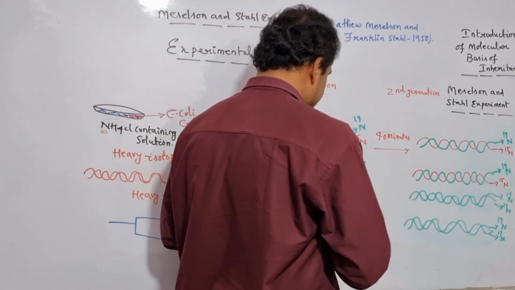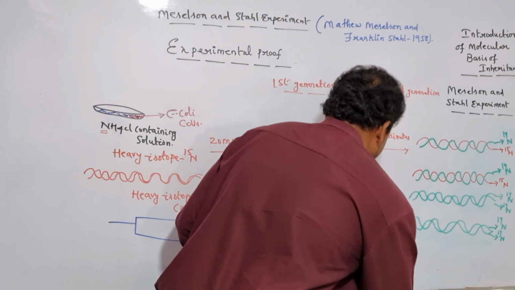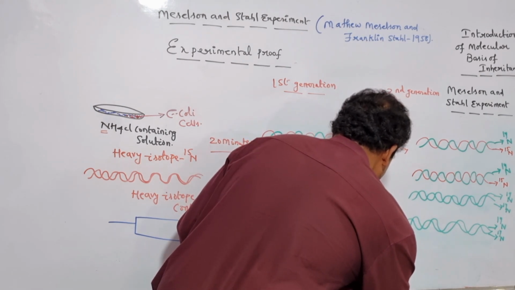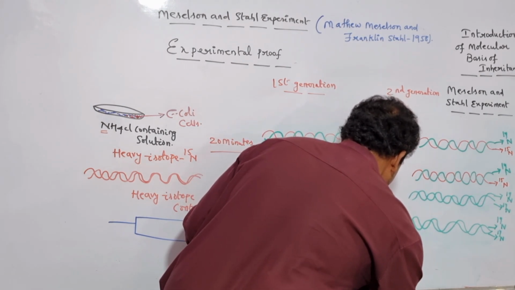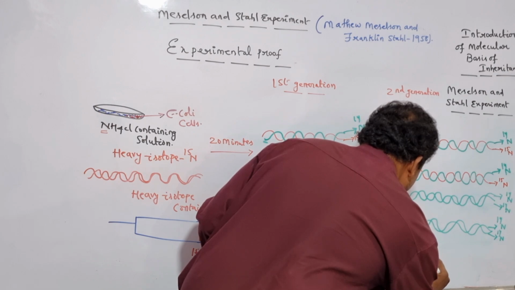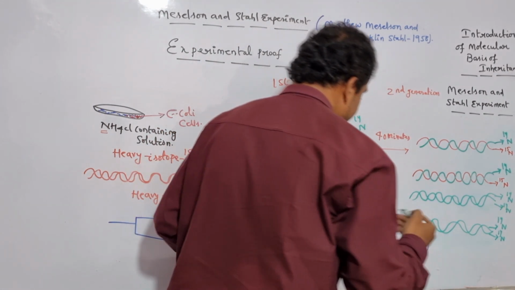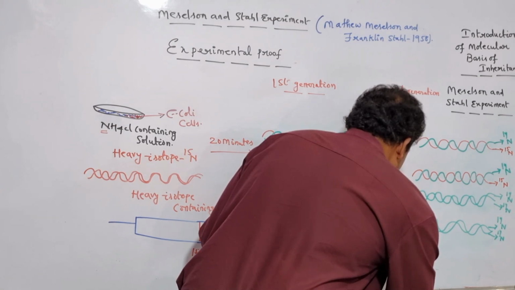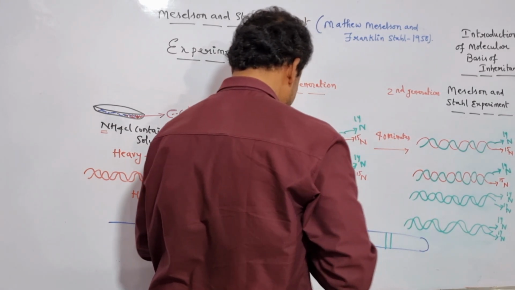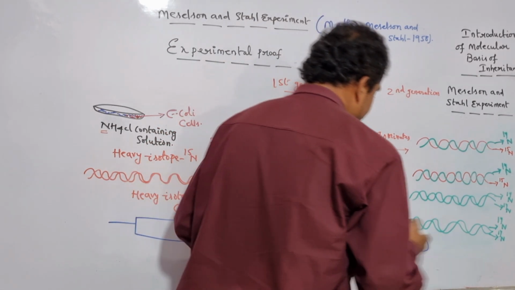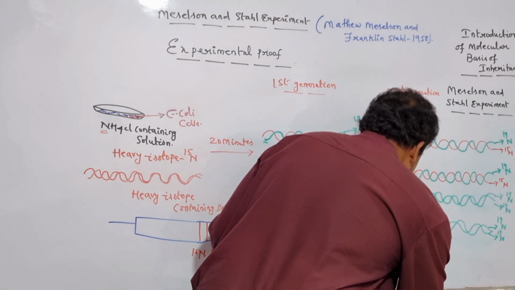So just look at here. Let us assume it as the centrifuge tube. Within the centrifuge tube, these people observed the N14 containing DNA remained at the top, whereas the N15 containing DNA remained at the bottom.